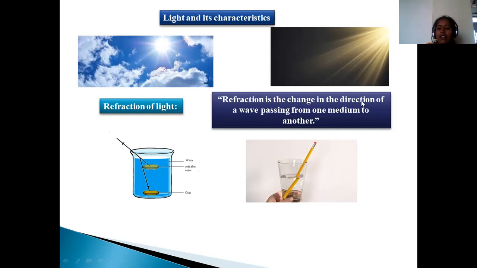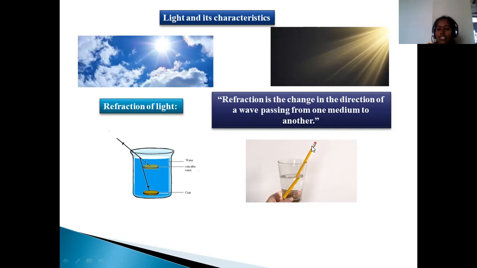Refraction of light is the change in the direction of light whenever a light wave passes from one medium to another. This is well explained by a simple experiment. Take a straight object, a pencil, and dip it into water in a transparent container, a glass beaker.